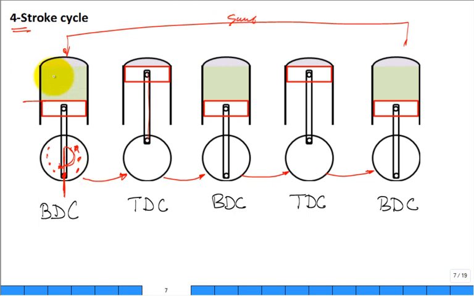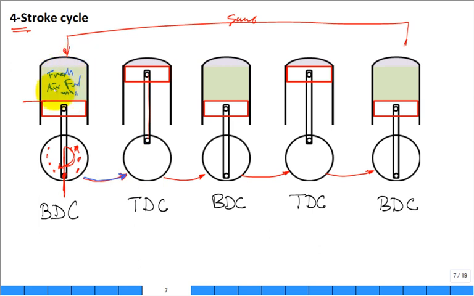And I'm going to think about this as a fresh air-fuel mixture. It's a fresh air-fuel mixture. And notice that the fresh air-fuel mixture is at its largest volume. And as it undergoes this stroke, what happens to that fresh air-fuel mixture?